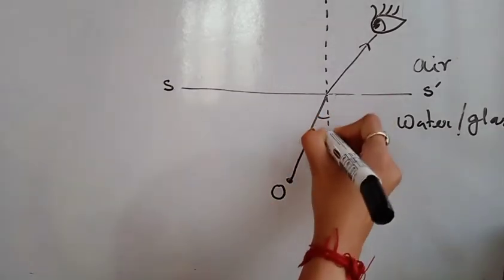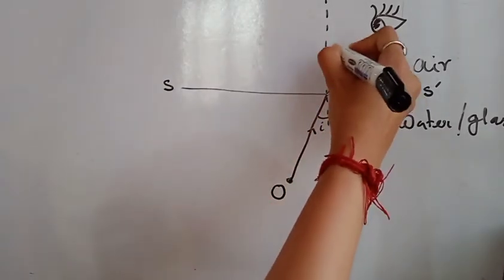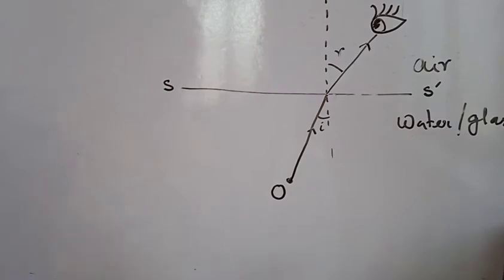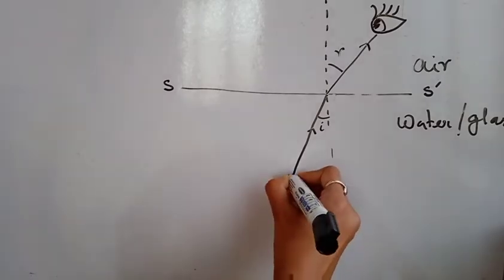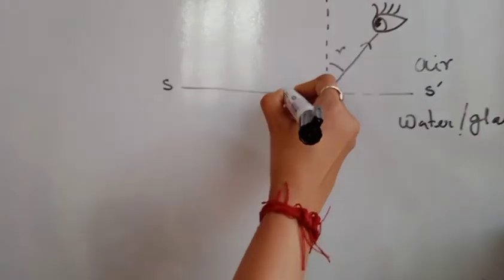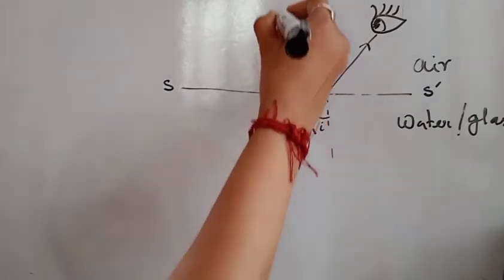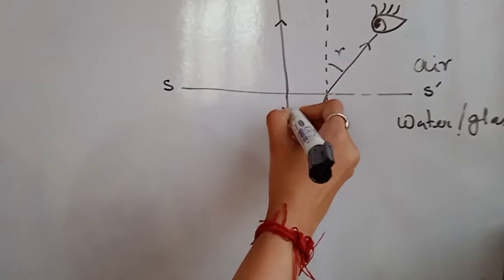So this is the incident ray and this is the refracted ray. I is the incident angle and R is the refracted angle. If we draw another ray for normal incidence, it will be like this. The ray of light will go like this.